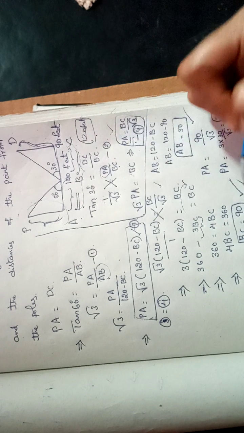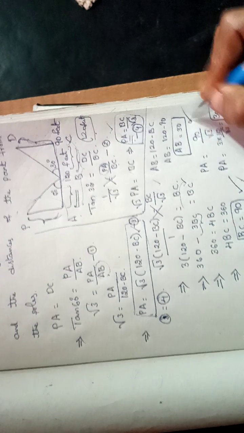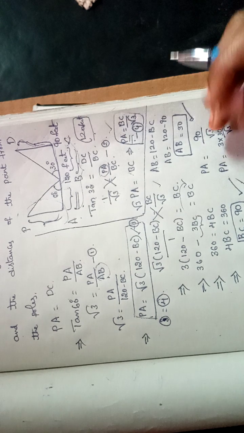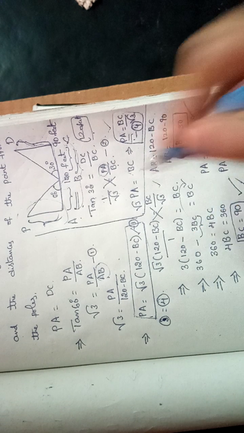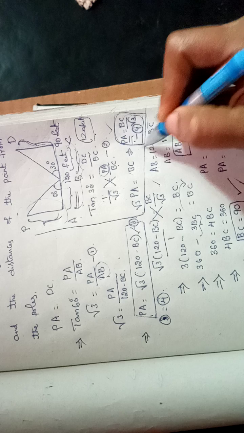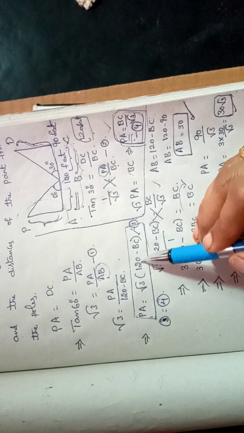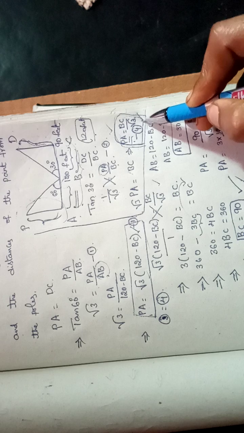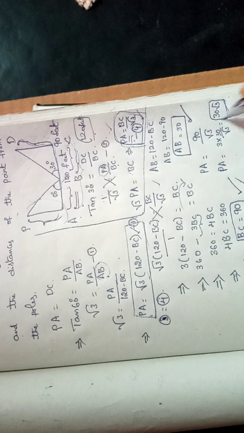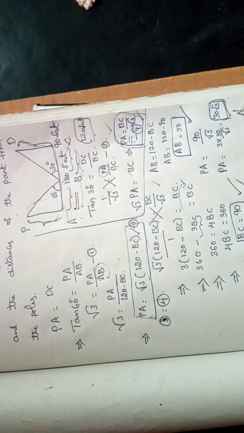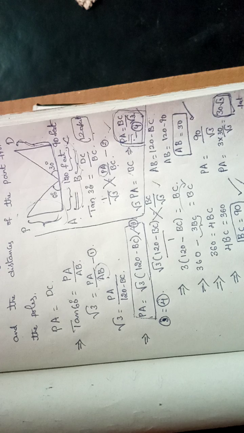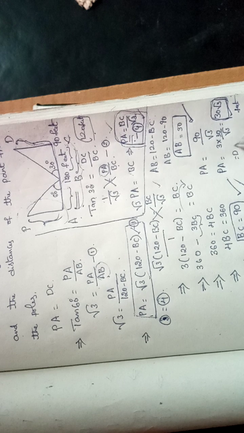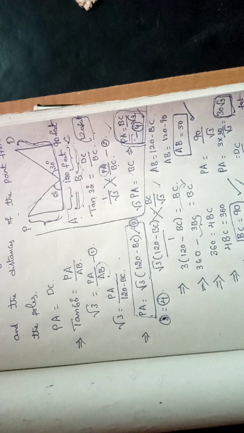By using the BC value I found the AB value. Next, we immediately find the pole's value, the PA value. We can use this equation or the other, but this is the easier equation. Finally we got this pole height also, which is equal to the height of DC.